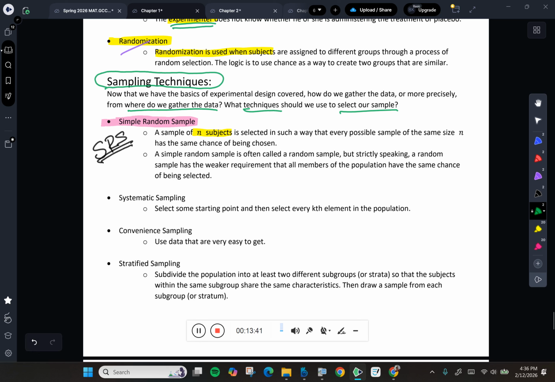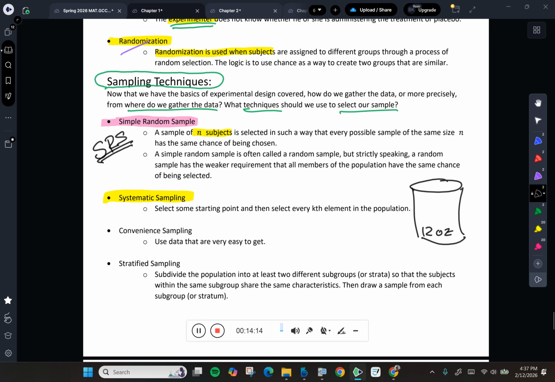There's something called systematic sampling, which we sometimes use. Systematic sampling is selecting at some starting point and then selecting the kth element in the population after that. Right? A good way to think about this would be go back to my Coca-Cola can example. Suppose that I need 50 cans for my sample. I could go down to the production floor and be at the end of the assembly line where the cans are coming out already filled, already closed, already ready to go.